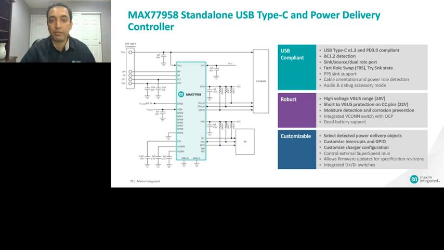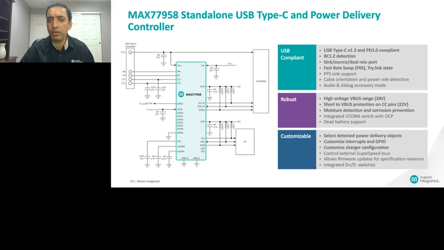It offers a number of advanced features, including dual role port support, as well as fast role swap. So if you want to switch from source to sink very quickly, this part will allow you to do that. It also supports programmable power supplies, and it detects the cable orientation and a lot of additional features.